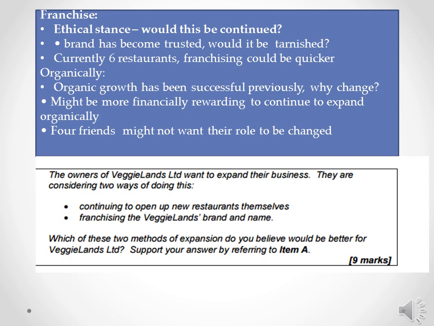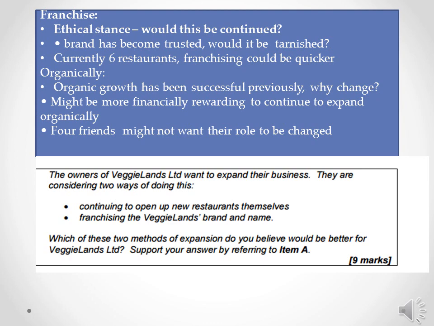So if they continue to open restaurants themselves, go down the organic route, it's been successful, so why change it? It says in the case study that the business has been successful, so explain why they'd want to change it. Okay, it might be more financially rewarding to expand organically, so you'd be looking, by saying Veggie Land, the business, the 4 owners, it would benefit them more financially because they're the ones who are doing the growth.